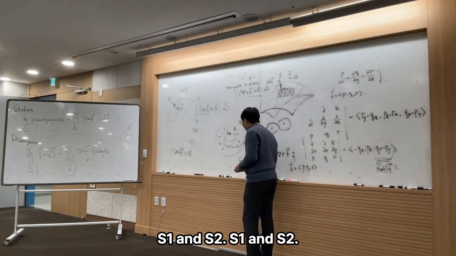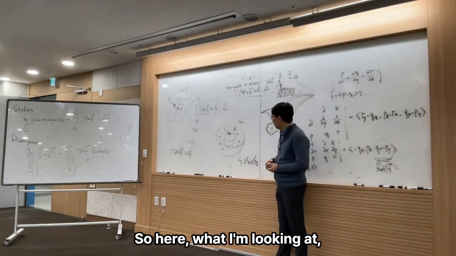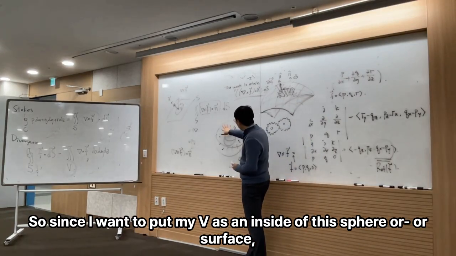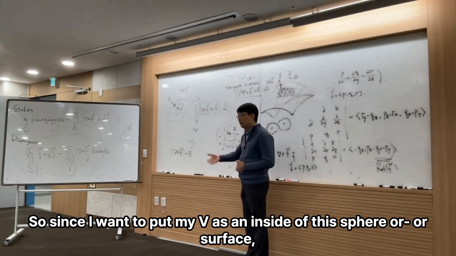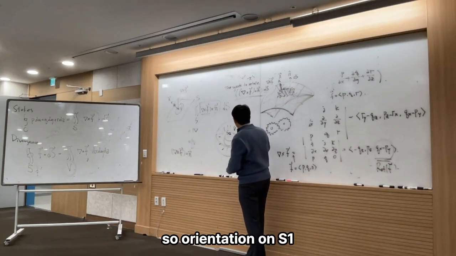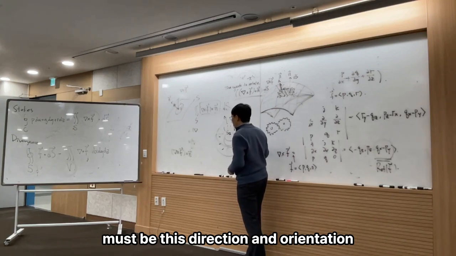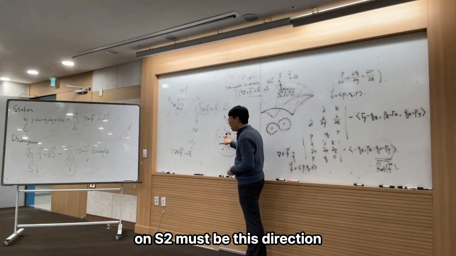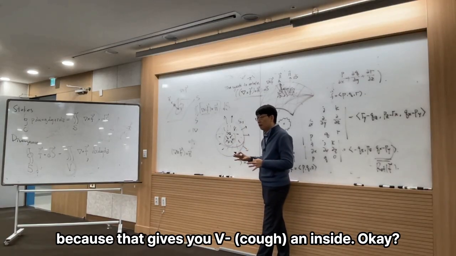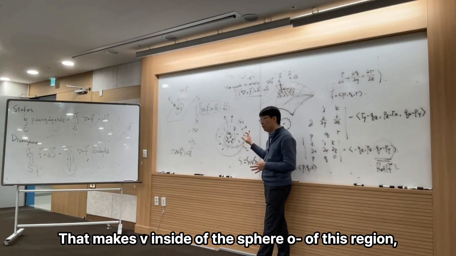I also need to talk about the orientation. Since I want V to be inside of this surface, the orientation on S1 must be in this direction, and the orientation on S2 must be in this direction, because that puts V on the inside.